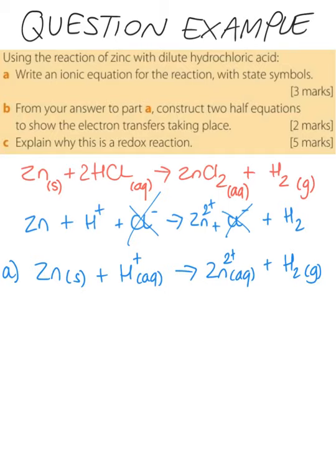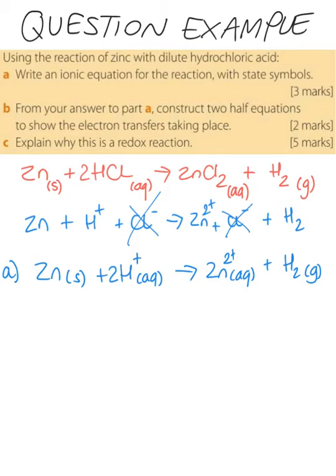I have then added back in my state symbols. Now I can add in the 2 from up here. I can just carry that down and put it here in front of my H plus. And that would be correct.